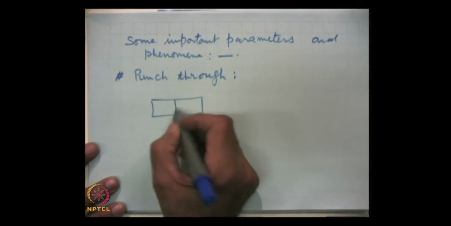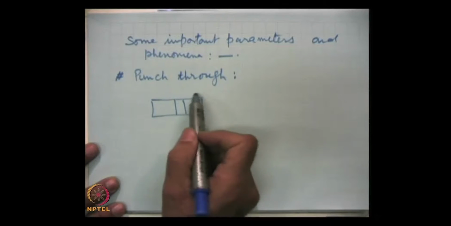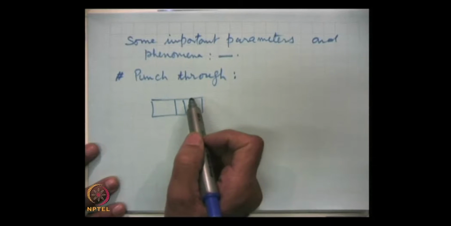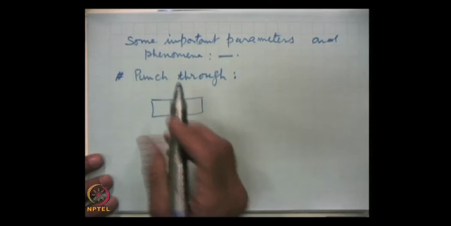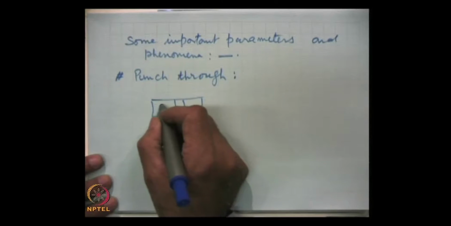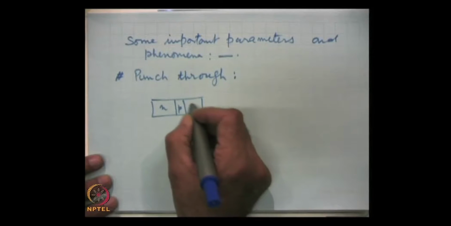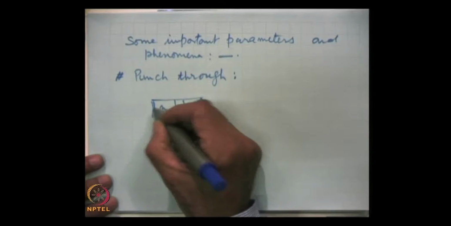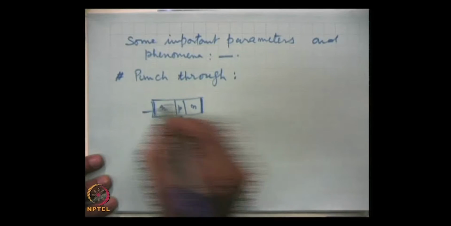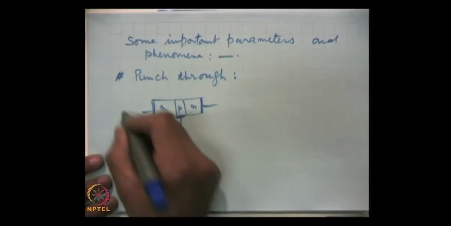These dimensions are very small. This whole dimension of the transistor is a fraction of a millimeter, or around a millimeter, which contains three regions: the emitter region, the base region and the collector region. Then there are ohmic contacts, and this makes our transistor.